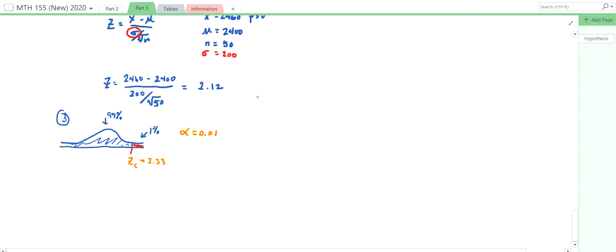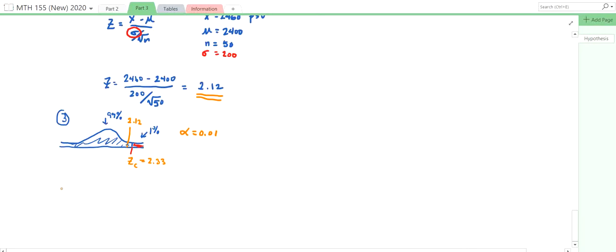Then we compare our test value to that, and our test value ends up being 2.12, which is to the left of this. 2.12 is our test value. It's to the left of 2.33, so it's not in the critical region.